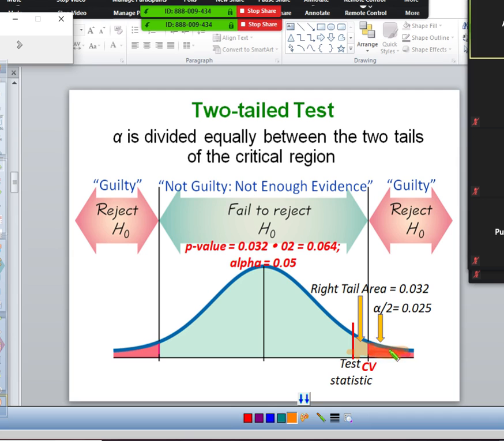You should only be comparing it to half of alpha. So if I want to compare to alpha, I should double whatever this is, and make an imaginary one on this side to go with it.